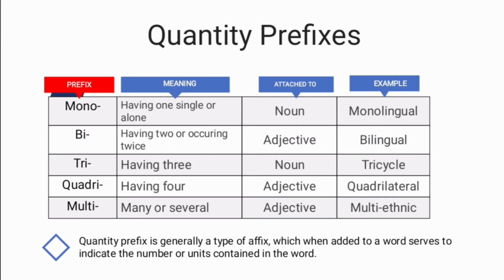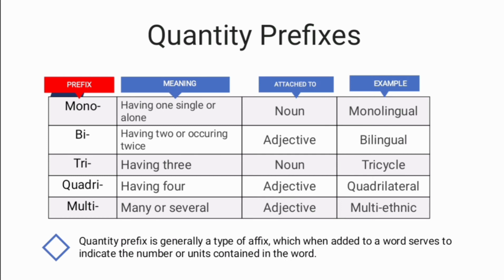And now we move to quantity prefixes. Quantity prefixes are generally a type of affix which, when added to a word, serve to indicate the number or units contained in the word. Jadi, prefix ini bertujuan untuk menunjukkan jumlah yang terdapat dalam kata tersebut.